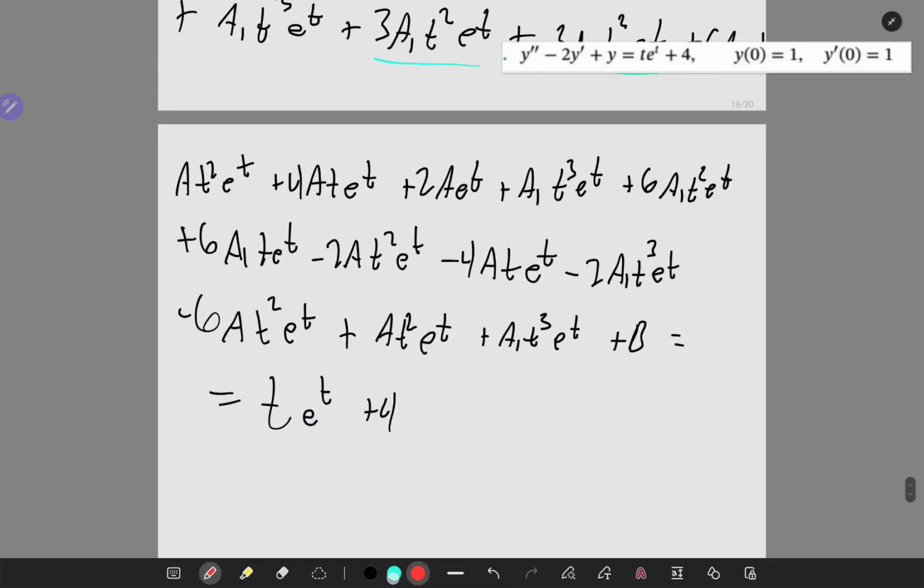Okay, let's combine now. I noticed that we had this one and this one, and we have this one, this one, this one, this one. I think that's it.